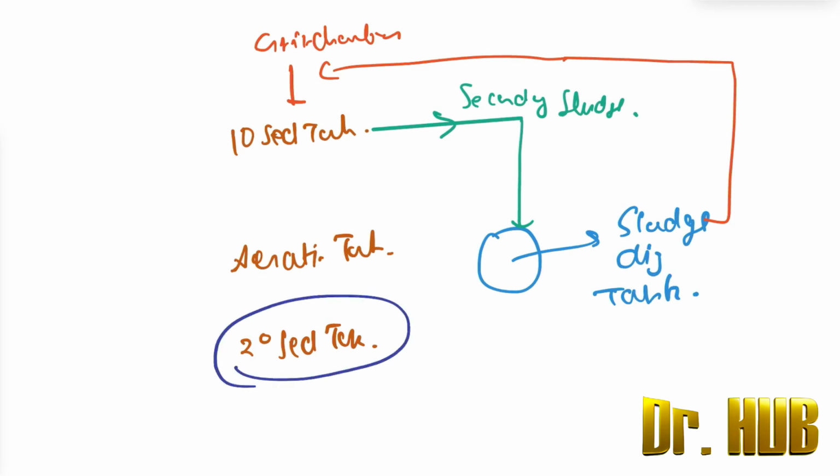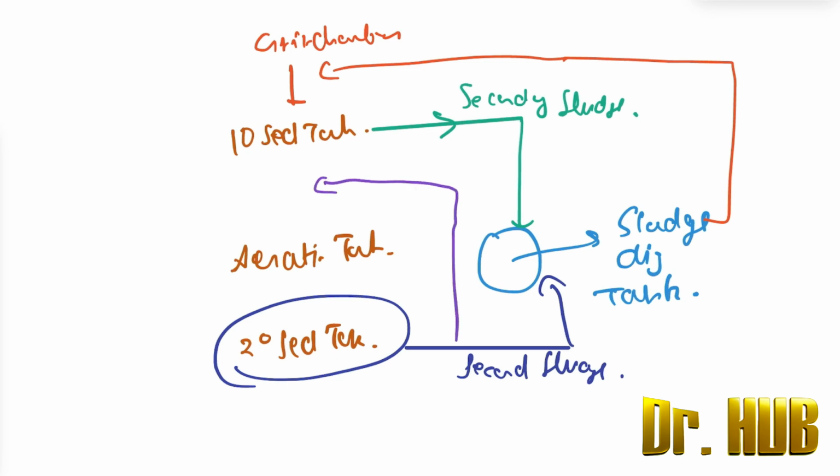From the secondary sedimentation tank, there is a secondary sludge which moves again to the sludge digestion tank. In between there is a recycled sludge which goes back in between the primary sedimentation tank and the aeration tank. So this will be the recycled sludge.